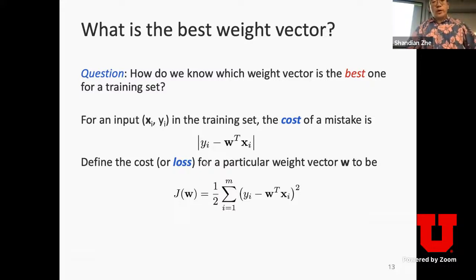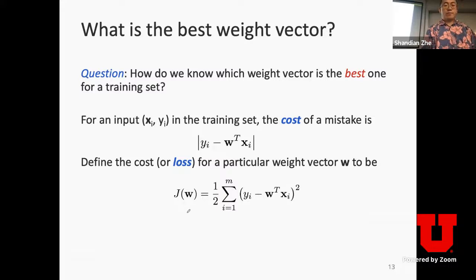And then I want to have their total cost as a measurement. And here, for convenience, we take the square of the cost in predicting each training example, then add them together.